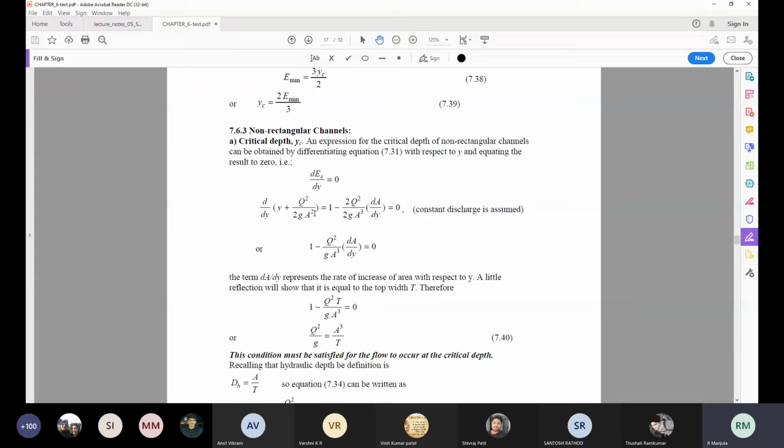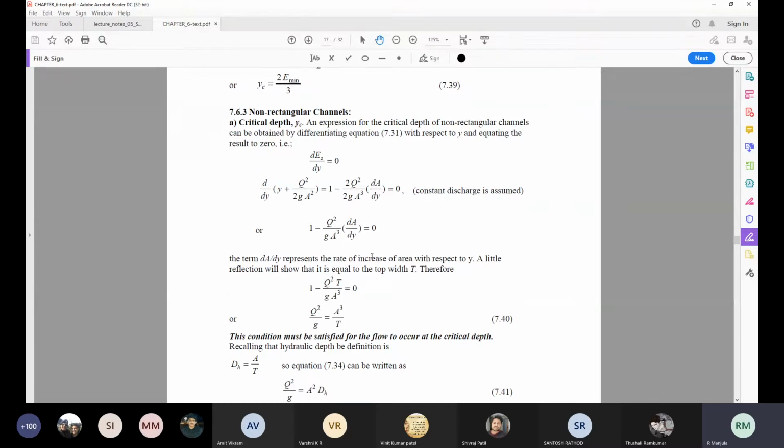This is A power 2, so if I bring it up to the numerator, I will be getting A power minus 2, so minus 2 by A cube. Already here one 2g is there, and Q square is there. Then differentiate dA by dy. Now these two get cancelled, and you get the simplified form as 1 minus Q square by g into A cube into dA by dy is equal to 0.